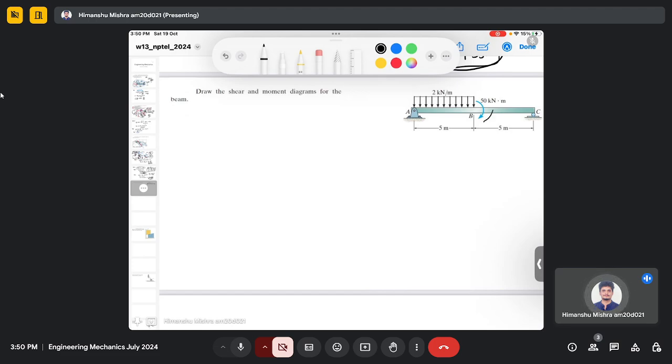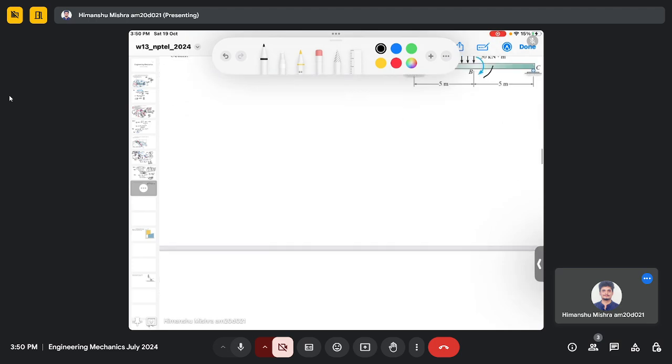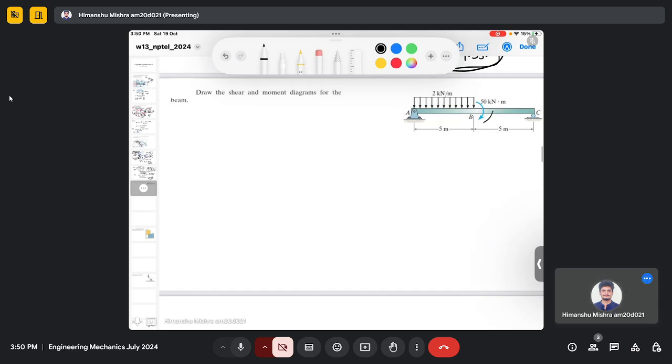We are given the moment, and there will be a normal reaction in the beam, and we need to find the SFD and BMD, the shear force and bending moment diagrams. The usual practice is to make the free body diagram first and to make the shear force and bending moment diagram below that free body diagram.